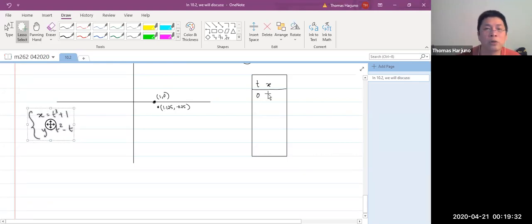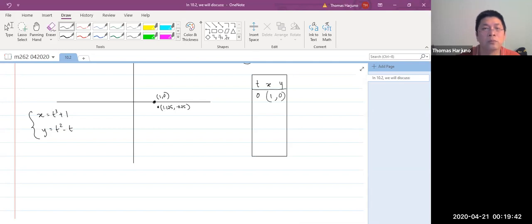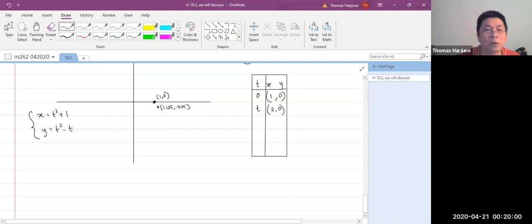When t equals 0, x is equal to 1, and y is 0. When t equals 1, x is 2, y is still 0. Oh, 2, 0. I think this is when t equals 1/2. So this is when t equals 0, t equals 1/2. This is t equals 1.